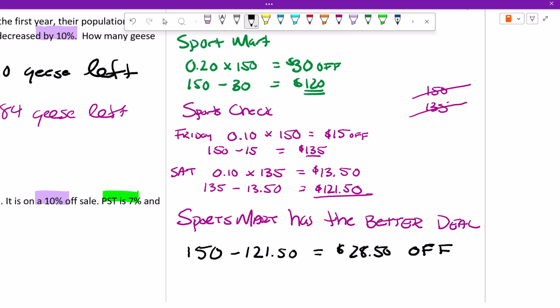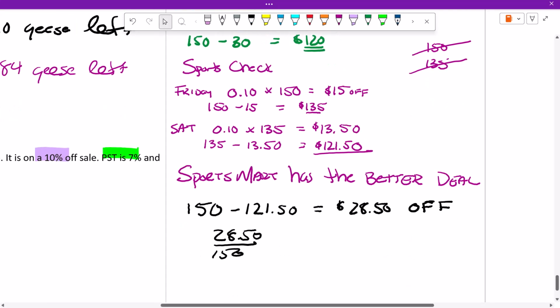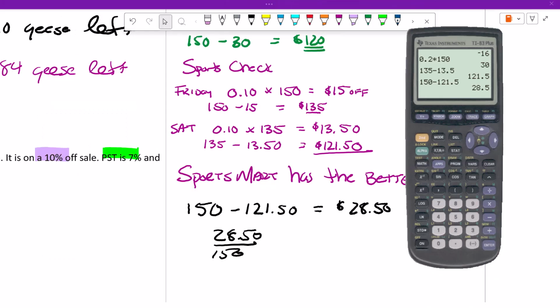All right? So what we want to do is, with percentages, what is it out of? We're taking $28.50 off of $150. Right? That's the percentage we're trying to find. And you go, okay. We turn that into a decimal. 28.50 divided by 150.